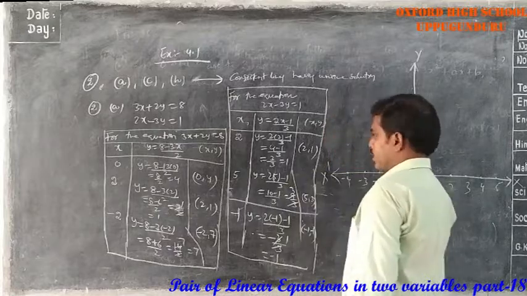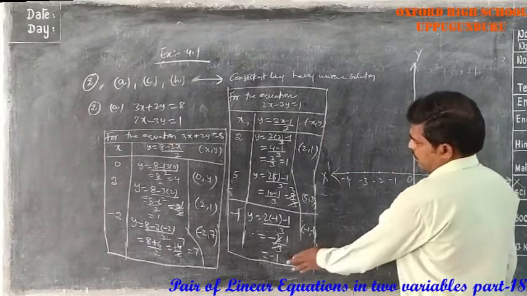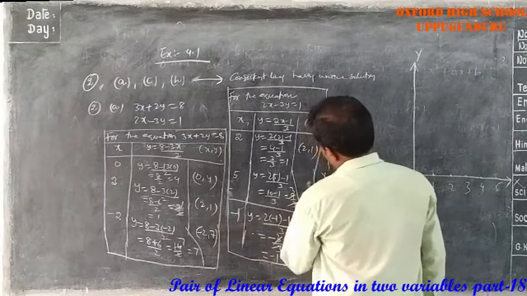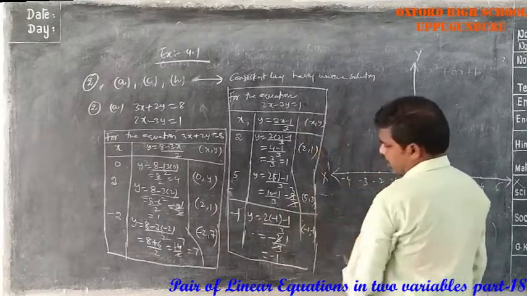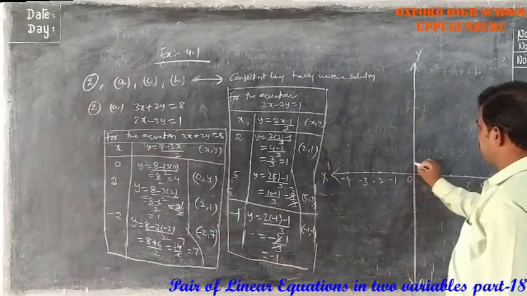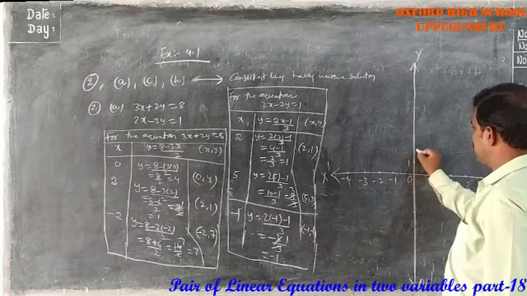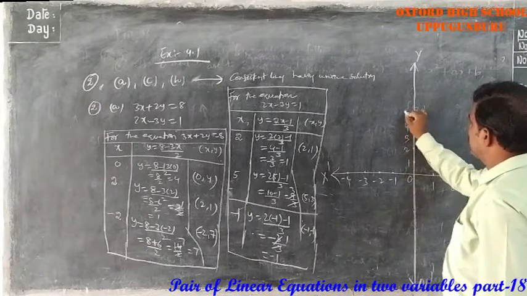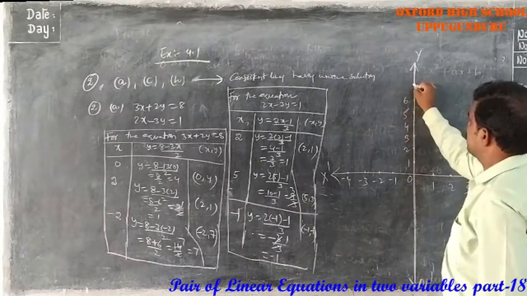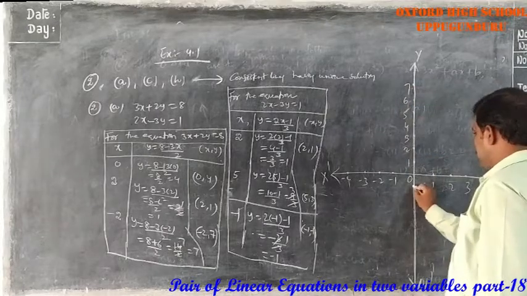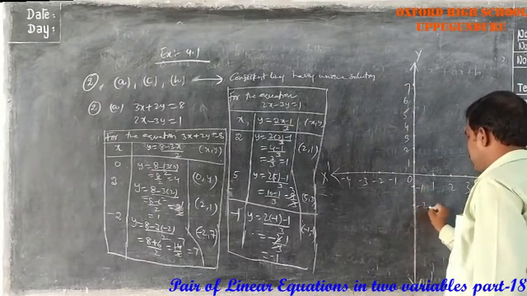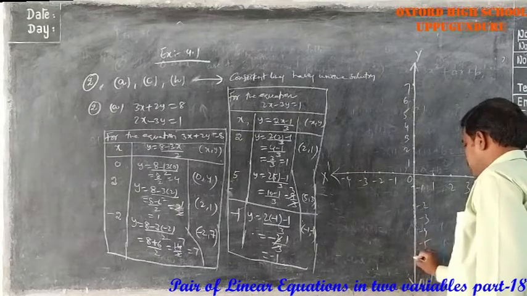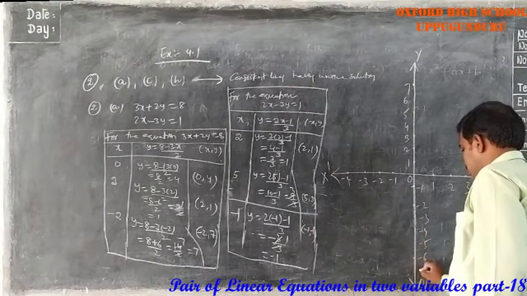Up to minus 4 I am taking. For positive values in y coordinates you have 4, 1, 7, 1, 3, minus 1. That means the maximum value is 7. That's why I am taking 7 values: 1, 2, 3, 4, 5, 6, 7. Negative values also the same way: minus 1, minus 2, minus 3, minus 4, minus 5, minus 6, minus 7.